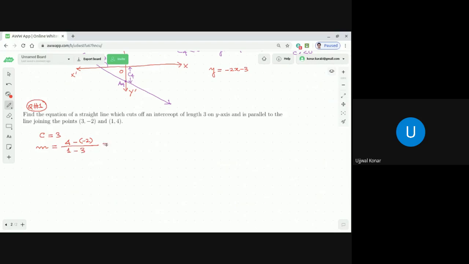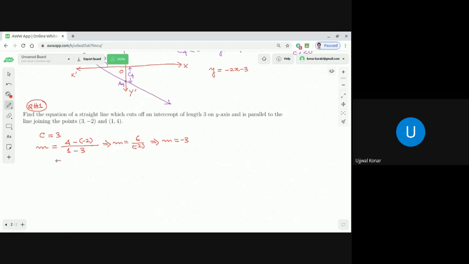So this implies m is equal to 4 minus -2, which is 6, over 1 minus 3, which is -2. So from here we get the value of m equal to -3.